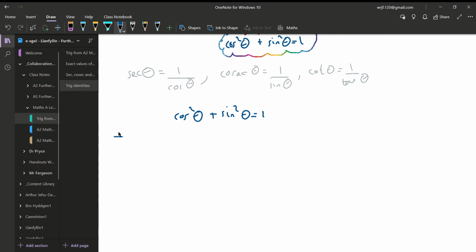Let's start out by dividing through by sine squared theta. Then that's going to give us cos squared theta over sine squared theta plus 1 equals 1 over sine squared theta.